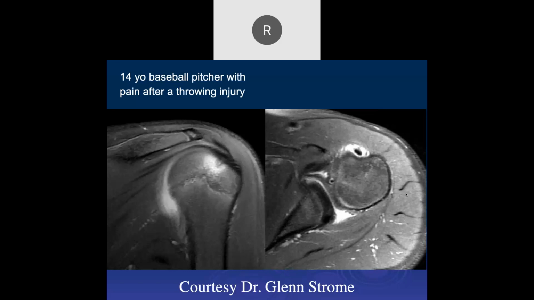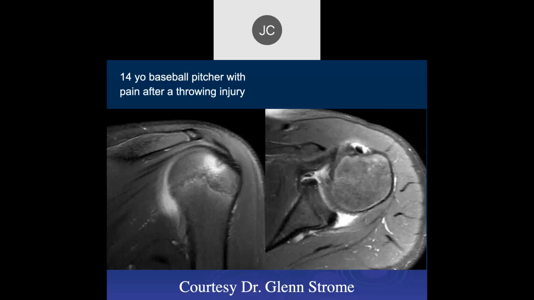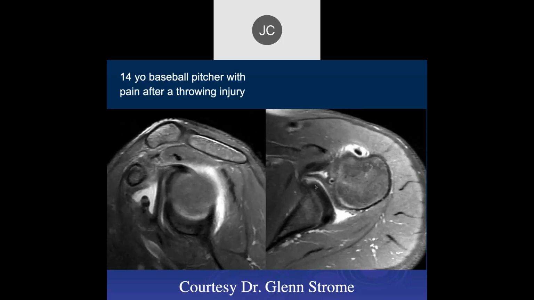Going down. Coming back here, looking at the labrum here. Labrum doesn't look too bad. I don't see a displaced labral tear. Here's the sagittal image. What do you see on the sagittal images? It looks like a thickened middle glenohumeral ligament coming down here.